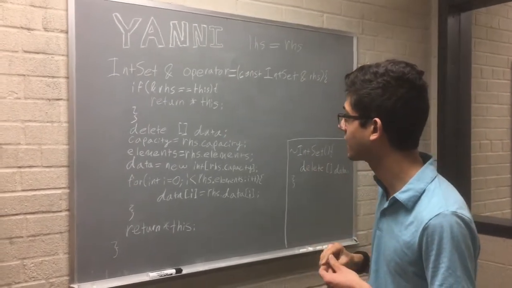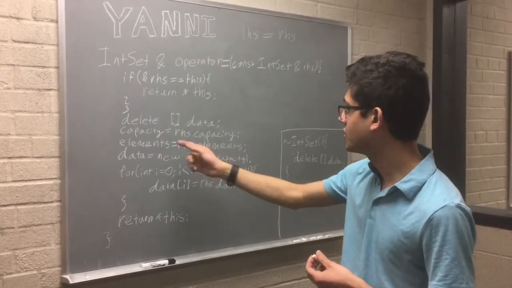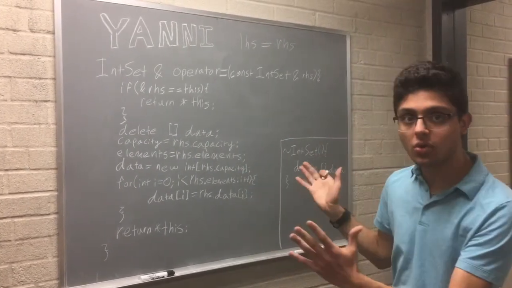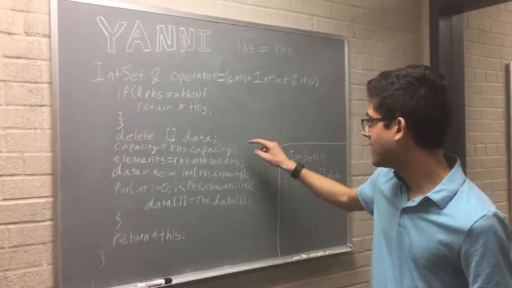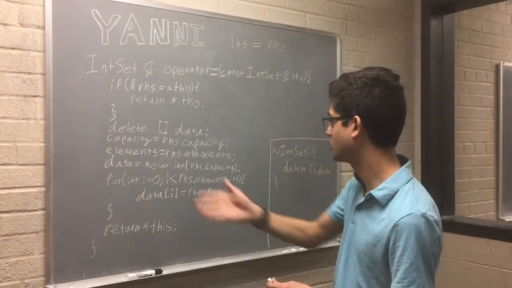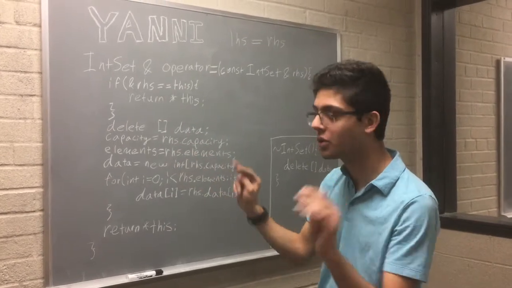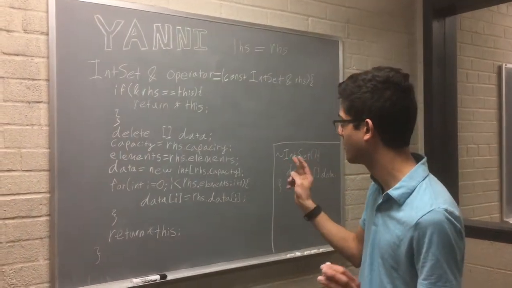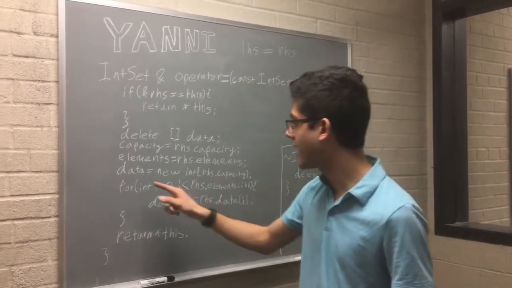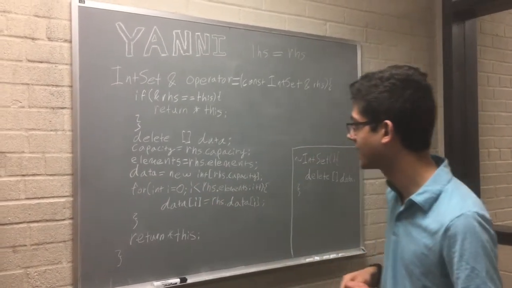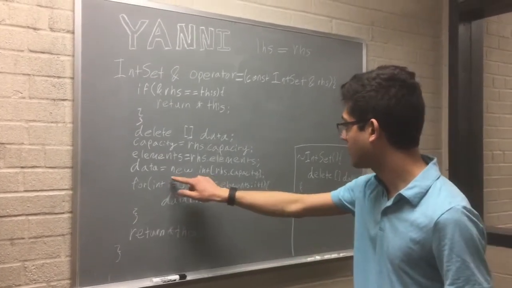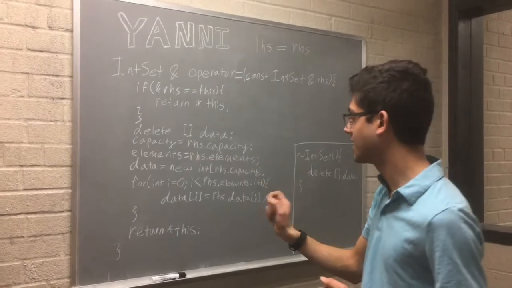The next thing we want to do, if it's not the case that the right-hand side and the left-hand side are equal, is delete the data, which is going to destroy the array. And then we just want to copy over all of the other parts, just the normal shallow members, like the capacity and the number of elements. And then we want to create the new data array, which is very similar to what we did in the copy constructor.